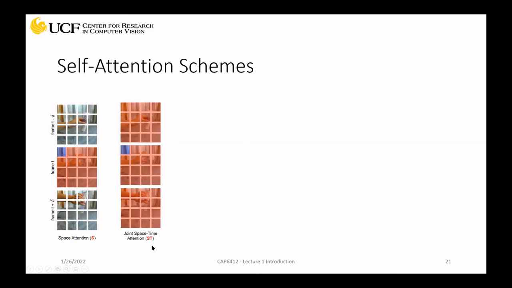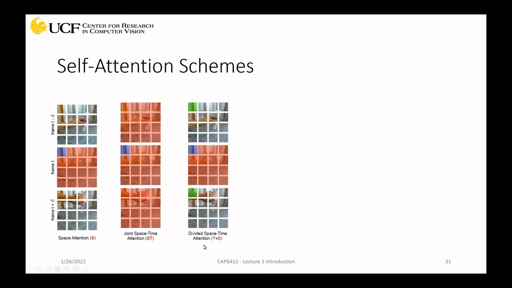Another possibility is spatial-temporal attention, space-time attention. For this token, you will get attention from all the tokens in the 3 frames, and there'll be a lot of computation. Then the other is divided space-time attention. This token will get the space attention from that frame, and then temporally it will get from the same token in this frame and this frame, same location.